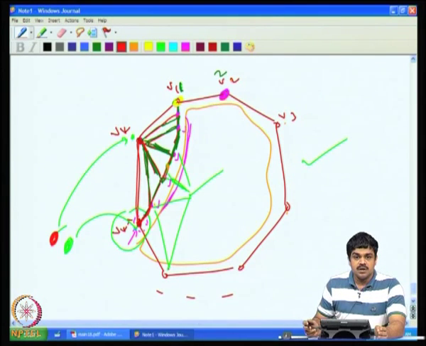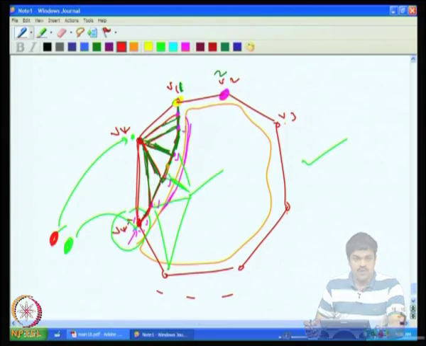So this is the way we prove that planar graphs are 5 choosable, and it also gives a different proof for the fact that planar graphs are 5 colorable, because the earlier proof used the Euler formula and the typical Kempe chain argument.